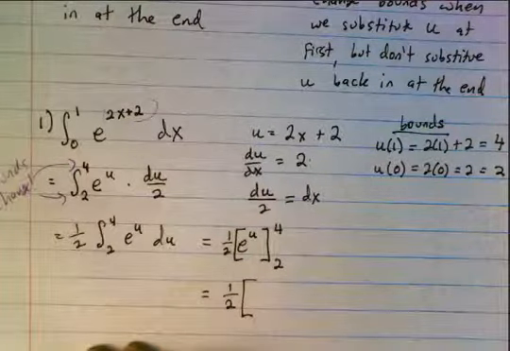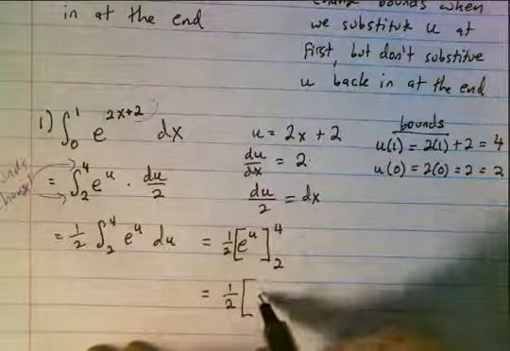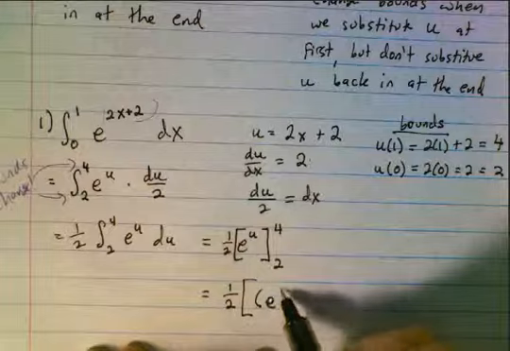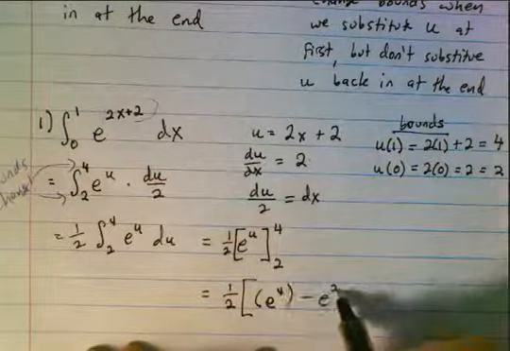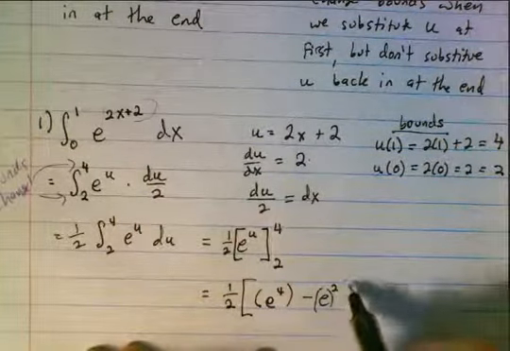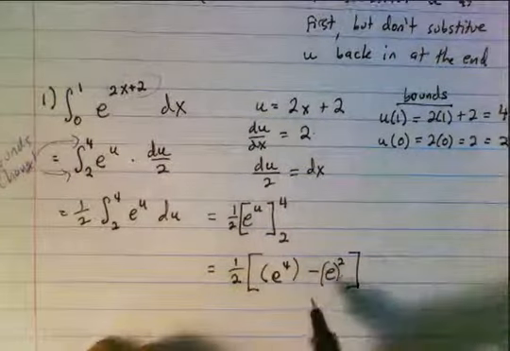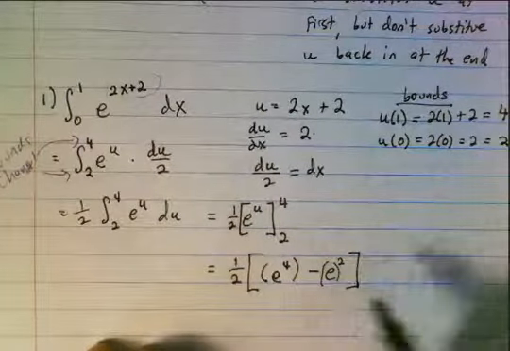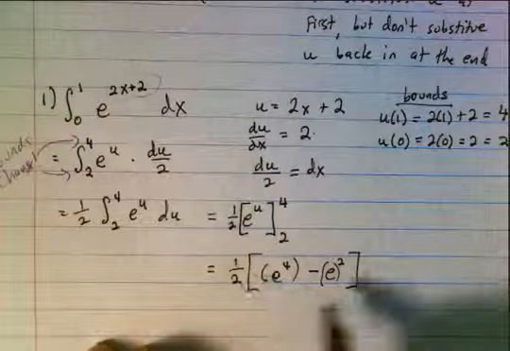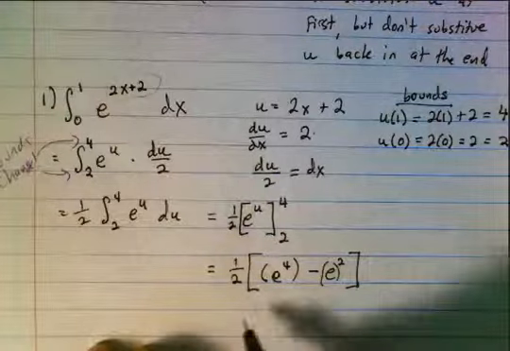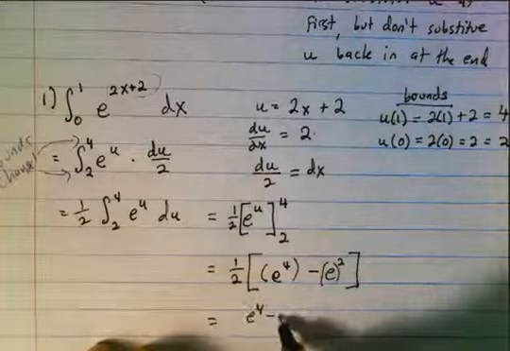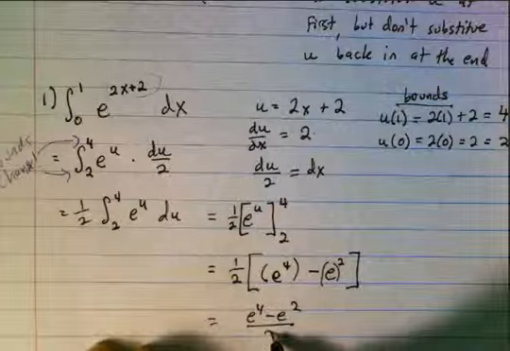We're just going to do all of our substituting of bounds inside. So e to the 4th minus e squared, and that can't really be simplified, except, I mean, this is all over 1, so we could write this as e to the 4th minus e squared over 2.